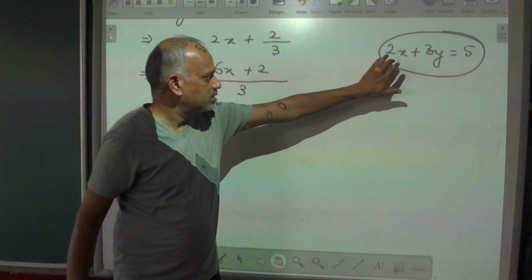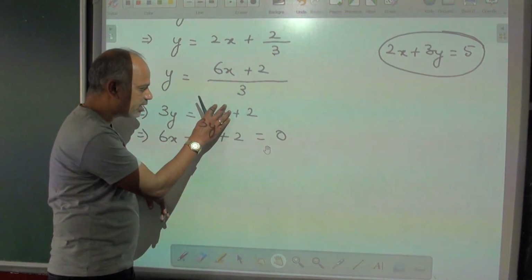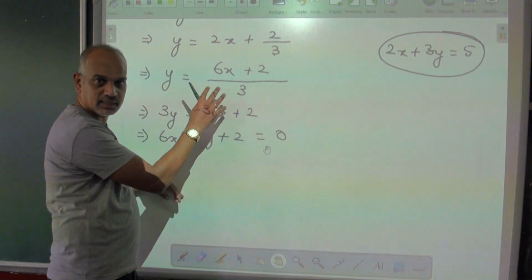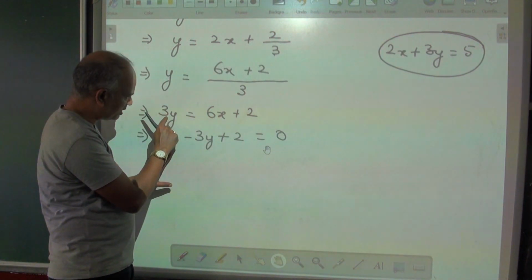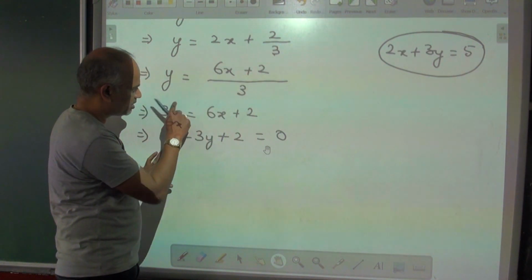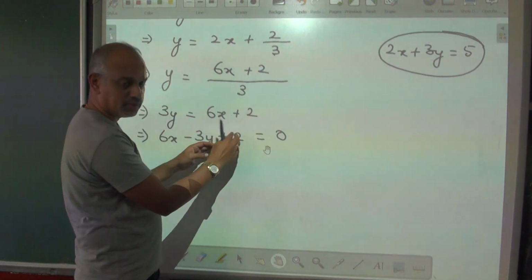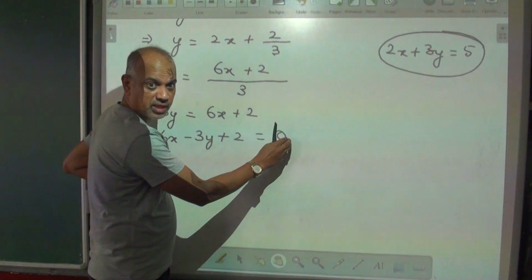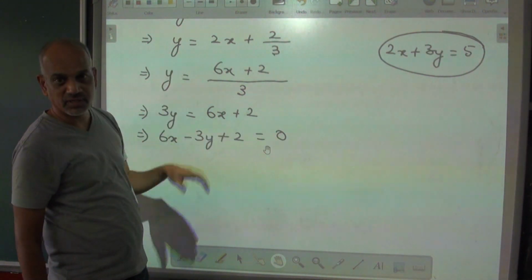As I said, x should be first. And x is positive, so let it remain there. So 6x is on this side, but when I write it on the left side, which means 3y has to go that side. 3y goes that side, it becomes minus 3y. Plus 2 is equal to, everything has come this side, nothing left on the other side, so equal to 0. Okay. So that's the equation of this straight line.